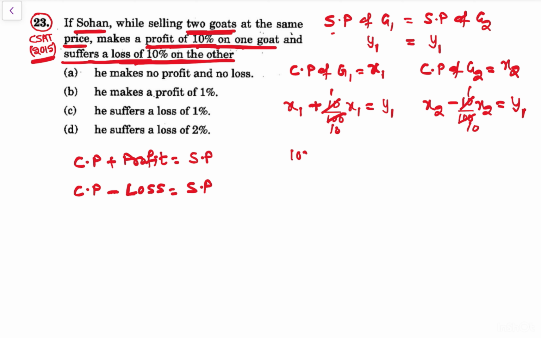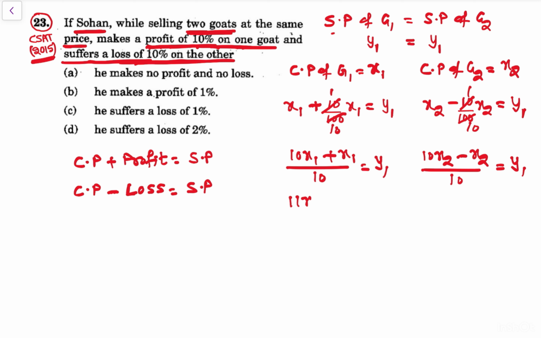So 10x1 plus x1 by 10 is equal to Y1, right? Then 10x2 minus x2 by 10 is equal to y1. So this is 11x1 is equal to 10y1, and 9x2 is equal to 10y1, right?